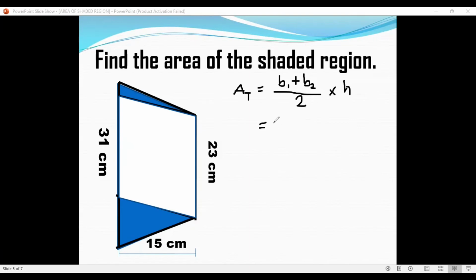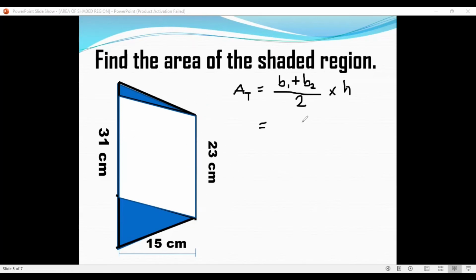So what is your clue of your base 1 and base 2? They are always the pairs of parallel sides. When you say parallel sides, they do not intersect no matter how far you extend them.